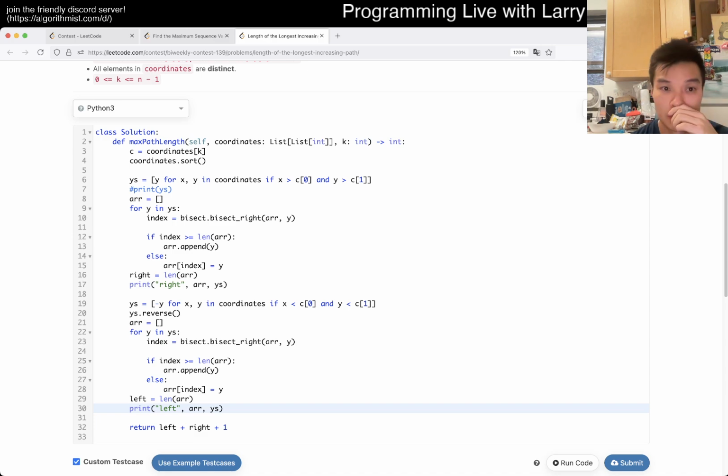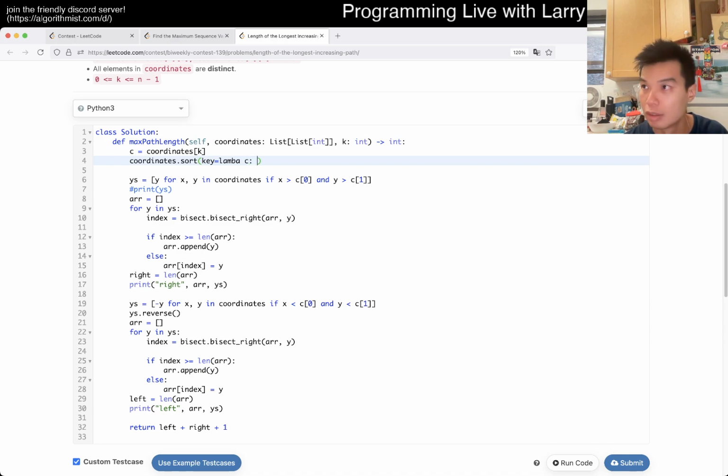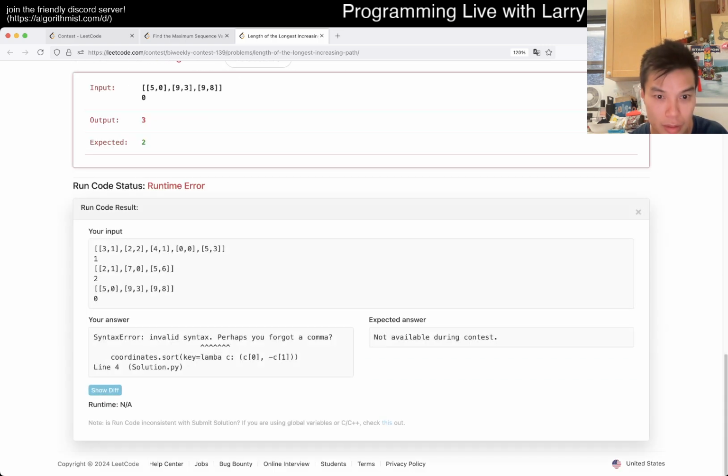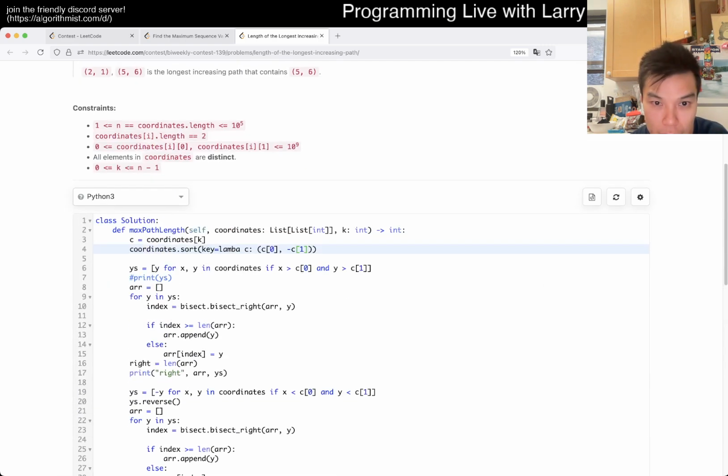By sorting from the other coordinates first. Okay, so on tie working. Okay, fine. So we want something like this. Is that not right?